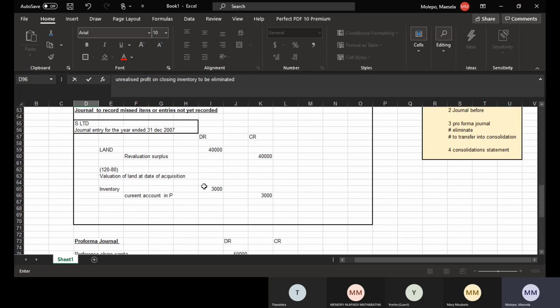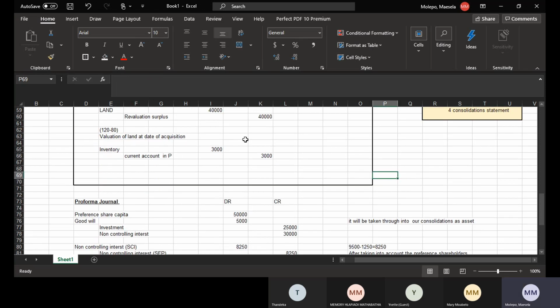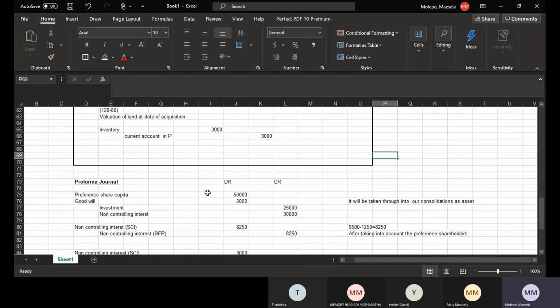So the current account, remember, we recorded the current account here. That current account recorded now needs to be eliminated. So we're going to eliminate the current account. Both of them have the equal current account.